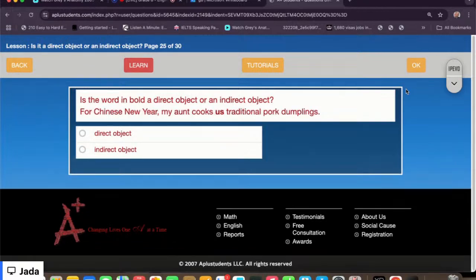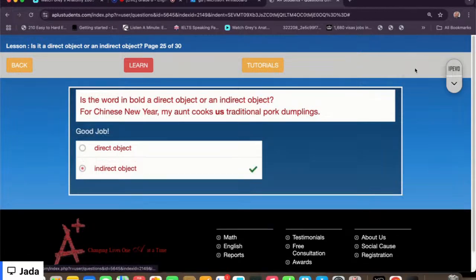For Chinese New Year, my aunt cooks us traditional pork dumplings. What's the right answer over here? So, indirect.